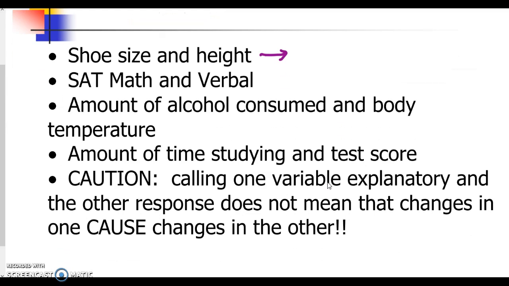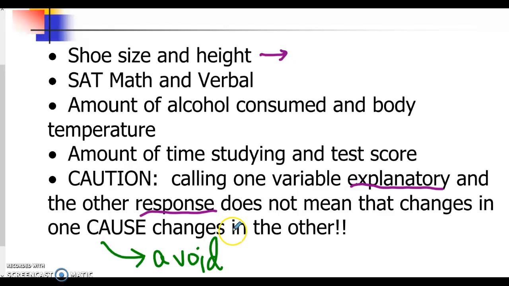Here's the tricky part. Just because we call one variable explanatory and the other response, if we see a relationship between those two variables, it doesn't mean that one causes changes in the other. So you really want to avoid using the word cause, okay?